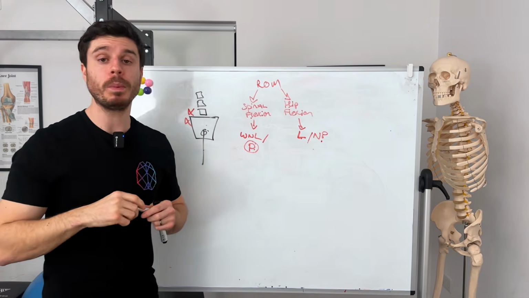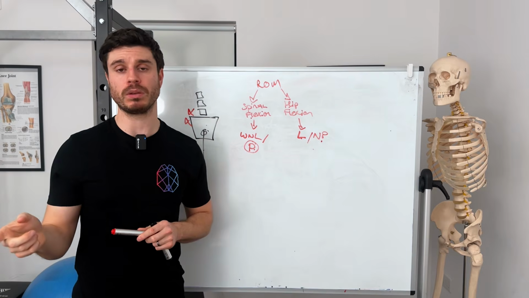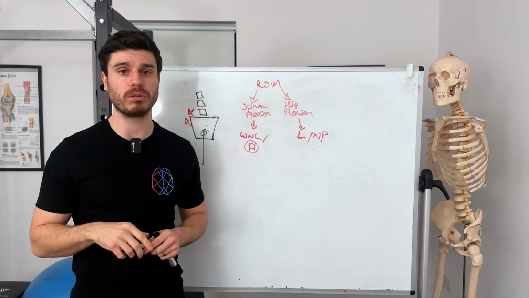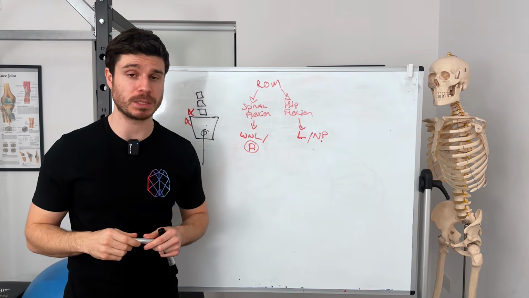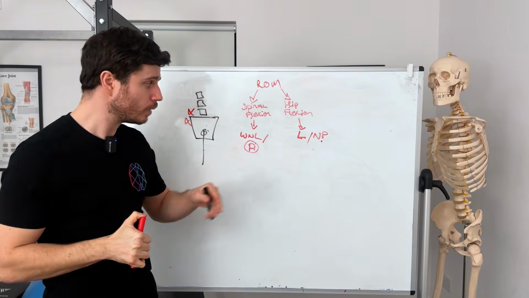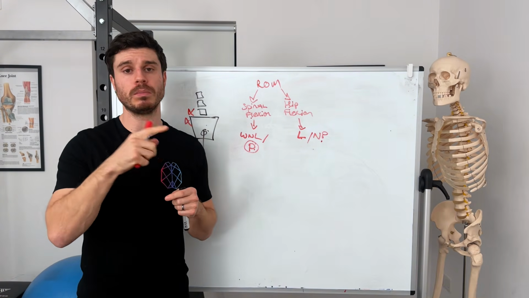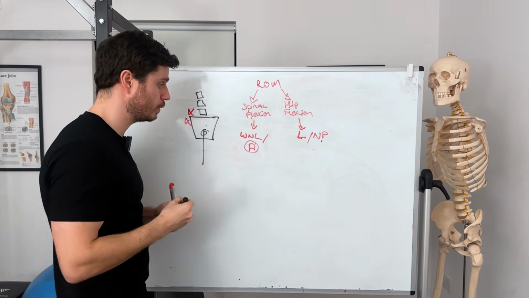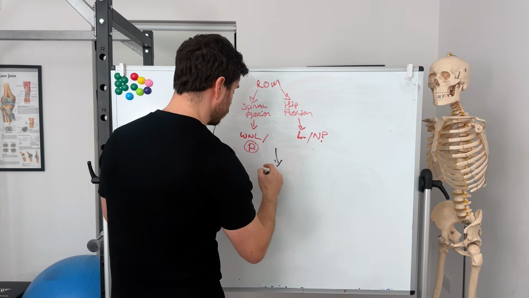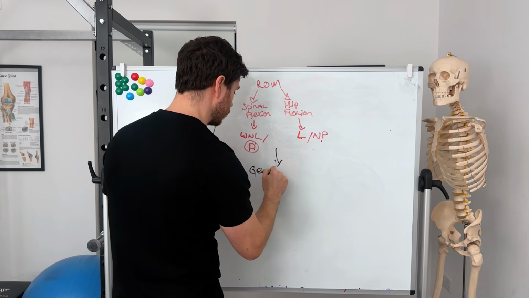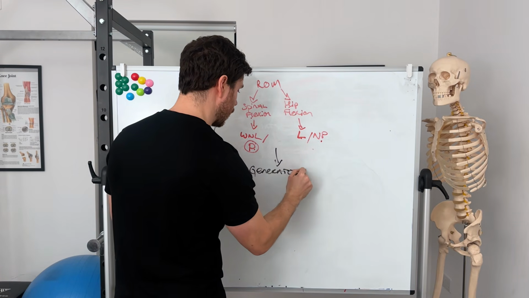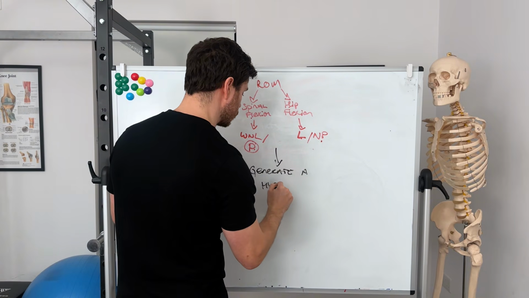Okay, what we need to do now is make a decision on what we need to do in order to potentially influence that pain experience. Okay, and what we need to do then is move into a process of, you'll probably know where I'm going here, we need to generate a hypothesis.